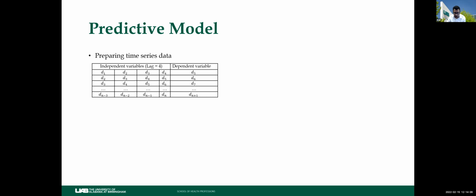For example, we can use the past 4, 5, or 10 hours to predict the next hour, or maybe the past 24 hours to predict the next 3 or 4 hours. That's called lag. So we use the historical lag to predict the next, and it can be formulated as this matrix.